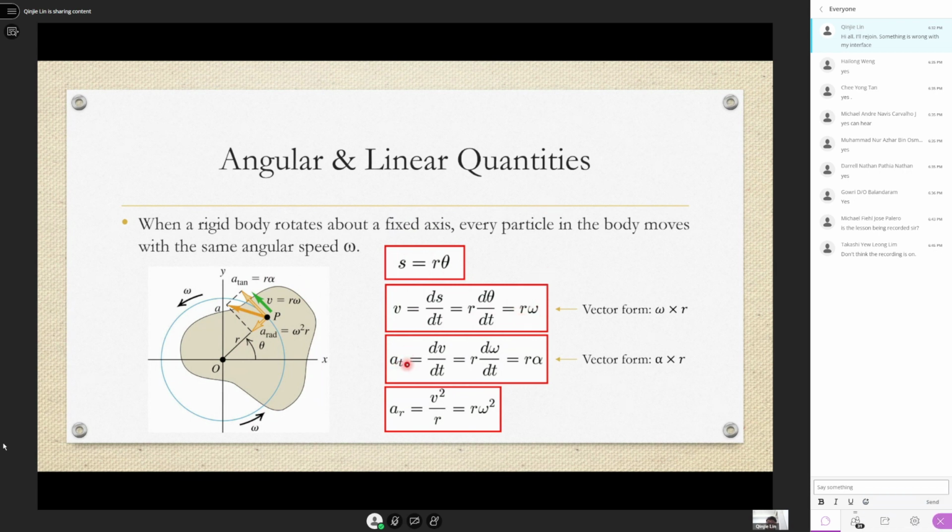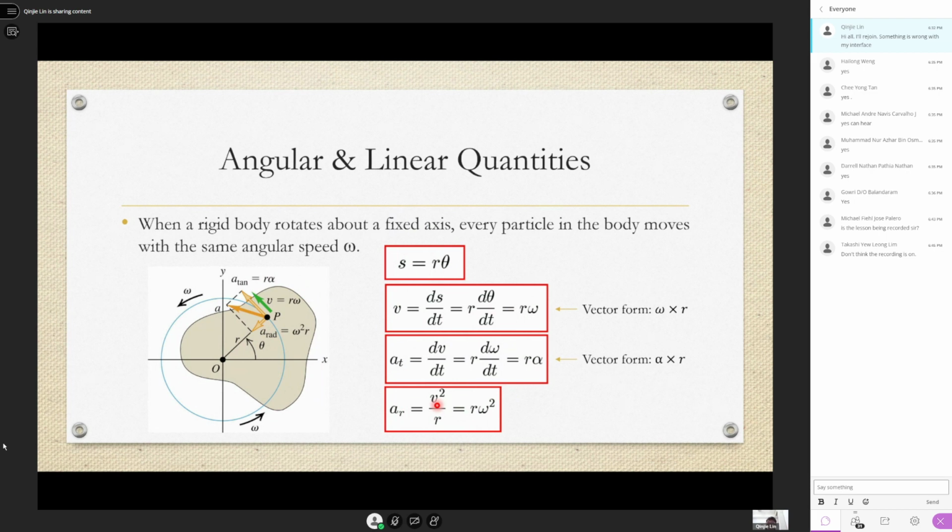For tangential acceleration, same pattern. We just multiply by radius, then the angular counterpart, the angular acceleration. Then for radial acceleration, this one is what we have: equals v squared over r, or r omega squared. This is what we learned last time when we talked about circular motion.